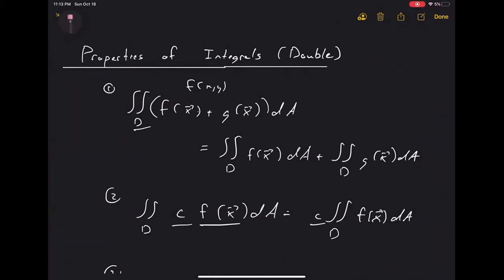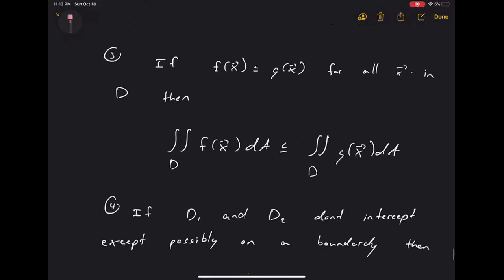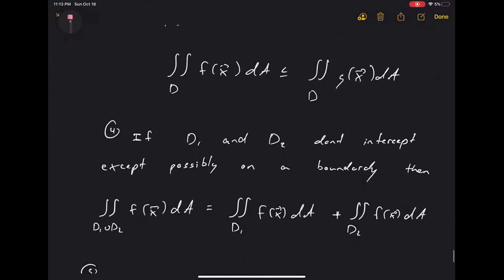I don't like writing xy, so I'm just writing the vector x to mean that these properties all hold in Rn, not just R2. So if f of x is less than or equal to g of x for all x in our domain, then the integral of f is also less than or equal to the integral of g.